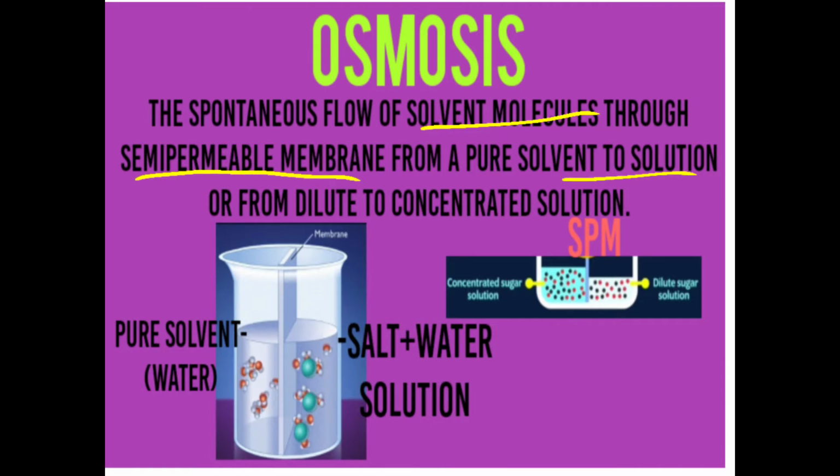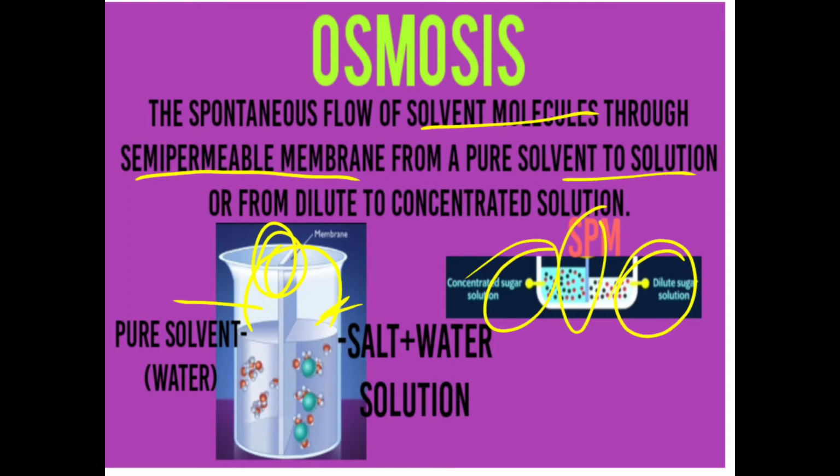It's a spontaneous flow of water through a semi-permeable membrane from solvent to solution. And we can also say that it's a spontaneous flow of water from dilute solution to concentrated solution through a semi-permeable membrane. Like this, we can define osmosis.